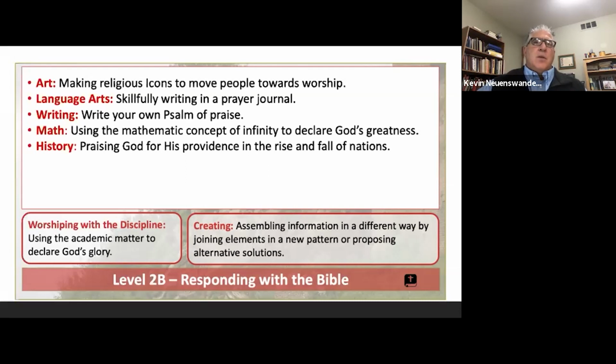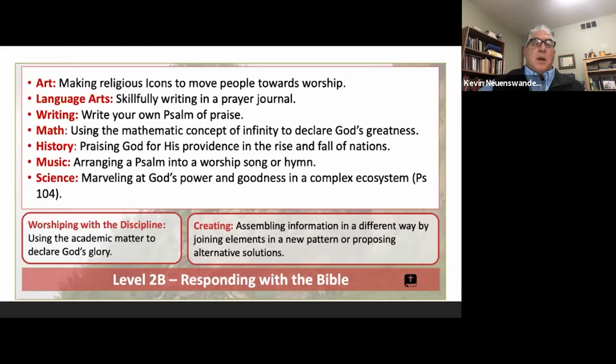There was safety traveling on roads all thousands of miles. So all these things came. So in the United States, God's providence in the rise and fall of the nations. So history. Music, arranging a psalm into a worship song or hymn.